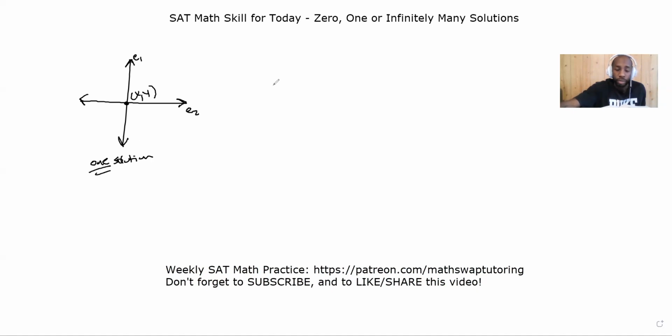Now, if you have this kind of situation, you have two lines that are parallel to each other. They never touch, they never intersect because they're parallel. You have zero solutions to this system of equations.